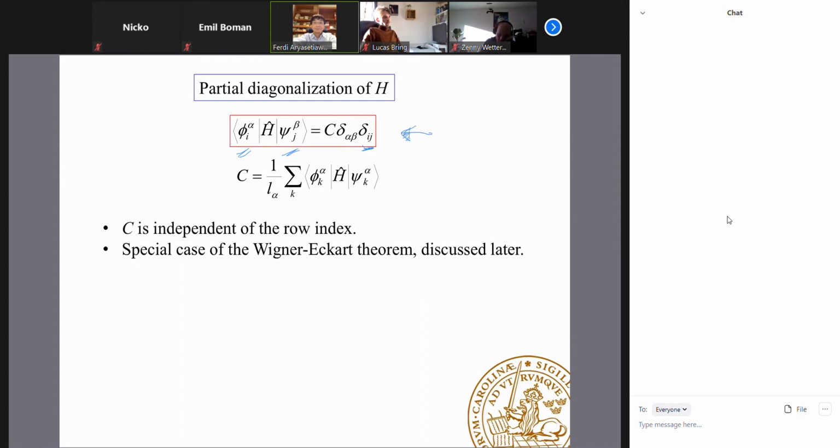So you can see that if we want to diagonalize the Hamiltonian, and if the Hamiltonian has certain symmetries, then we should first figure out how to construct the basis functions in such a way that the Hamiltonian is as diagonal as possible. So we want to sort out the basis functions according to the irreducible representations of the group.